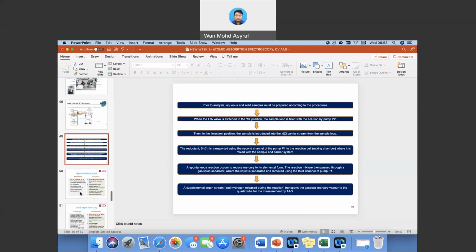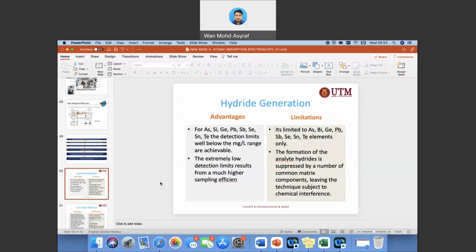Okay. All right. So the advantages and the limitations of hydride generation. The advantage is that it is very specific towards these metals.